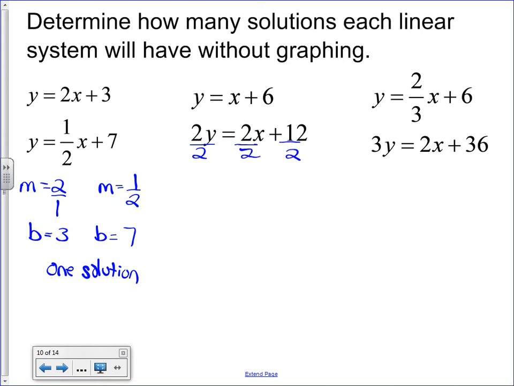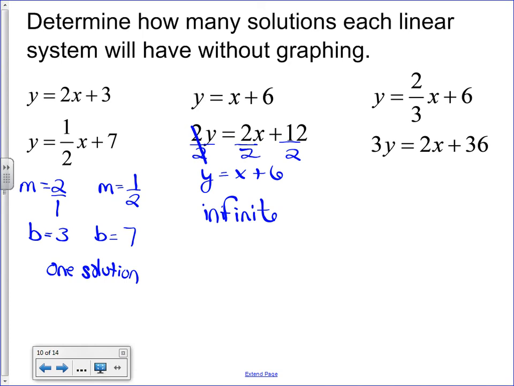So how will I rewrite this? Tiana, what do you notice about these two equations? So what happens when they're the same? How many solutions will they have? You're right. It's infinite because they are the same.